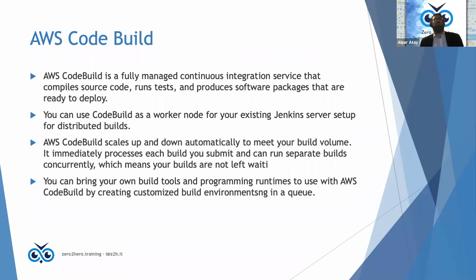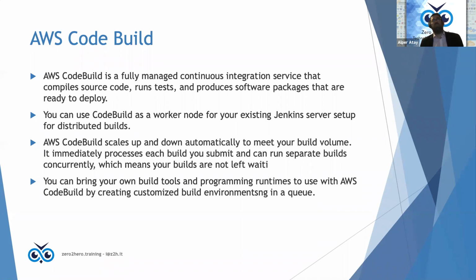So you can use CodeBuild as a worker node for your existing Jenkins server, and you can scale it up or down. So if you are building many more components, then you can use more CodeBuild instances.